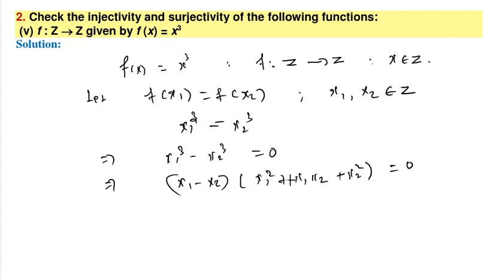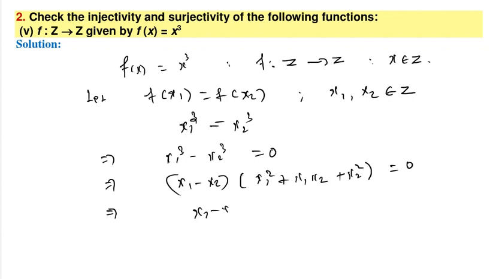In this case, both x1, x2 are positive numbers or both are negative numbers. Then x1 square plus x1 x2 plus x2 square cannot be 0. This cannot be 0, and there is only one possibility for x1 minus x2 to be 0.